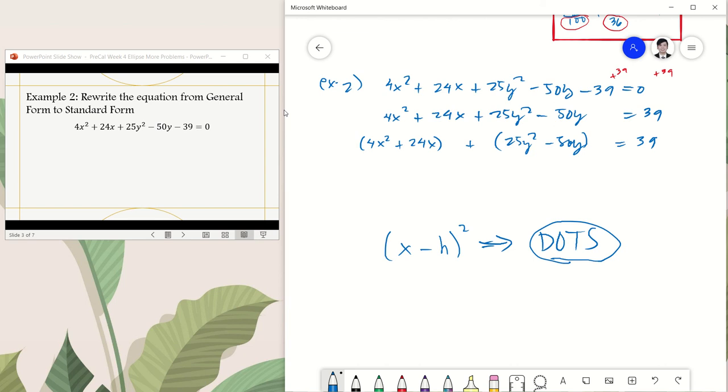So, yung gagawin natin, hindi natin gagalawin si x squared at si x, but only the common factor of the 4 and 24. Yung goal natin is to make sure that the leading coefficient, yung katabi ni x squared, must be 1 and not some other numbers. Okay? So, ayun, yung GCF na, yung common factor natin is 4. And yung maiiwan is just x squared. And then here, from 24, it becomes 6x.